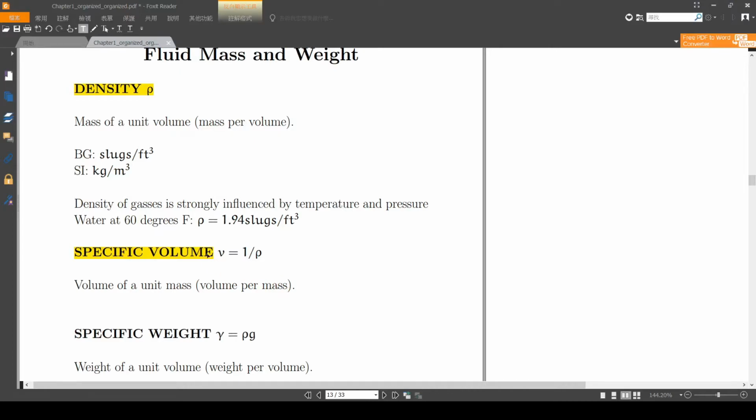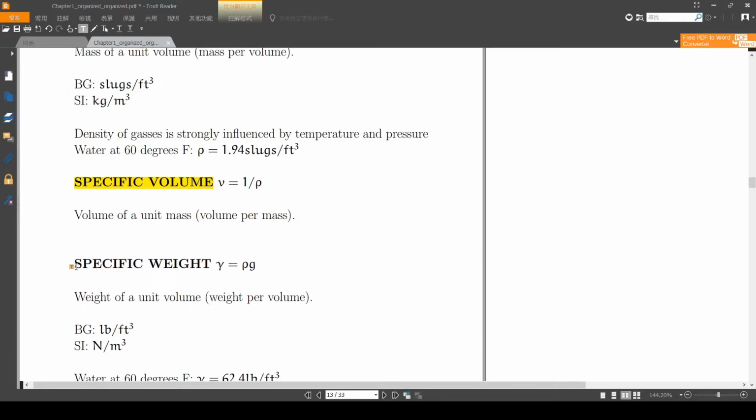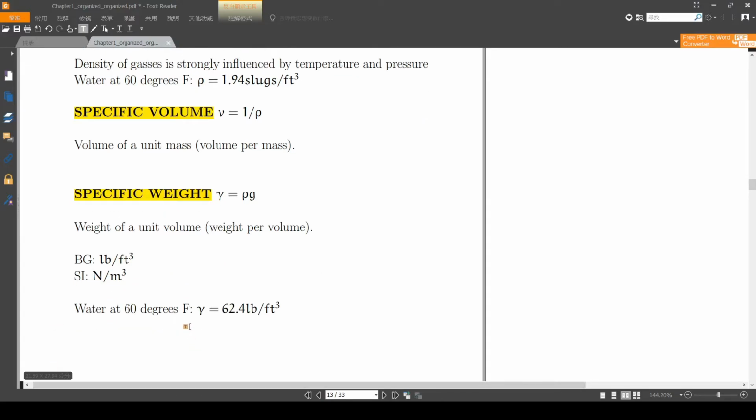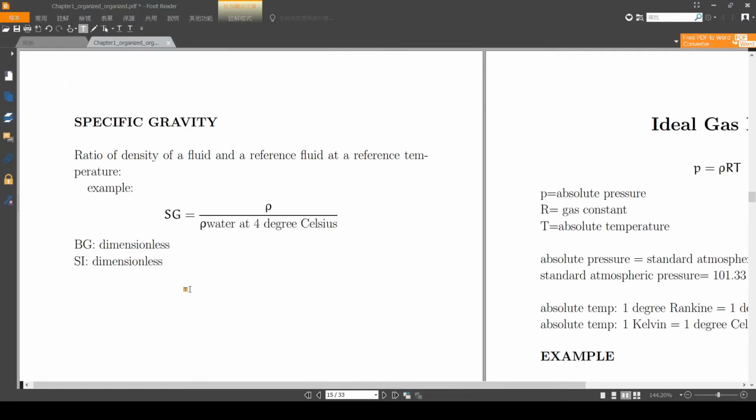And then the third part is the specific weight. Specific weight, which we call gamma, is equal to the density times the acceleration of gravity. This is the weight of the unit volume, which is the weight per volume. And this is the unit here. Okay, this is very simple.